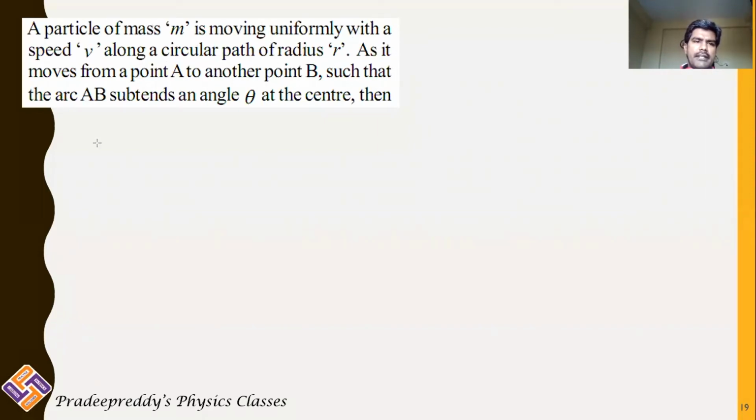Now let us take a circular path, and this circular path has radius r. This is the radius of the circle, r, and this is the center, which I am denoting with O. This particle is moving from point A to another point B, which is subtending some angle theta at the center.